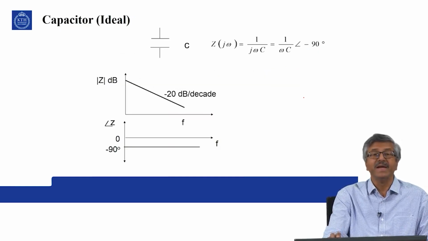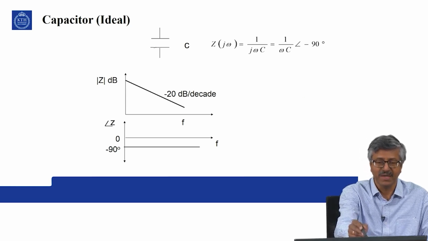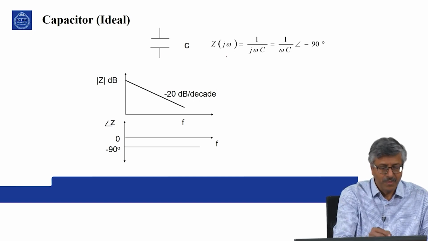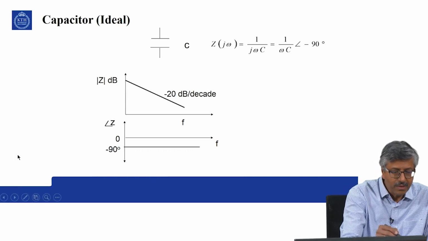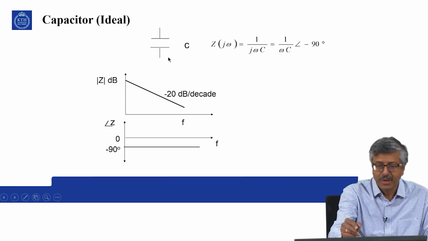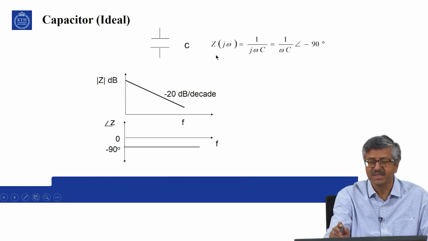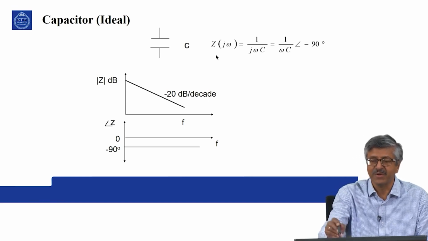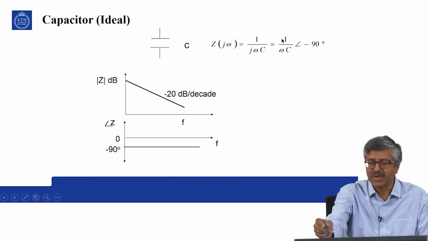So, we take the ideal capacitor. What is an ideal capacitor? Well, it has a symbol like this. So, this is the ideal capacitor and it has an impedance which is a function of frequency. We know that it is 1 by j omega C, or in polar form we write 1 by omega C angle minus 90.